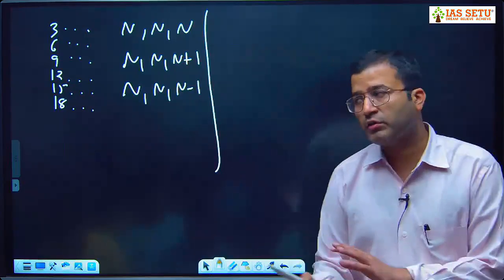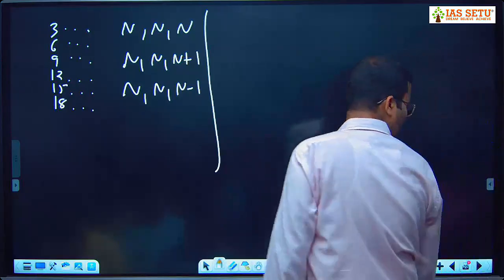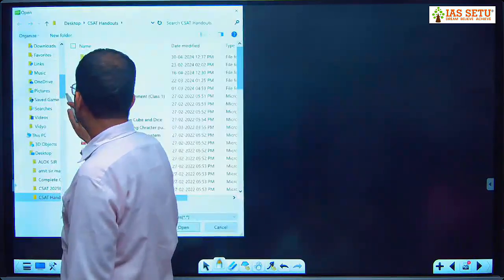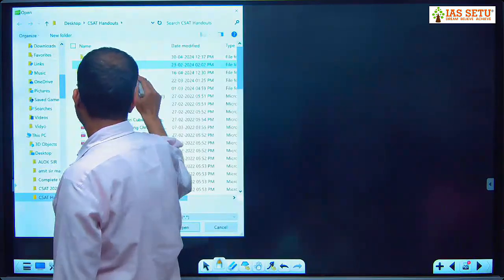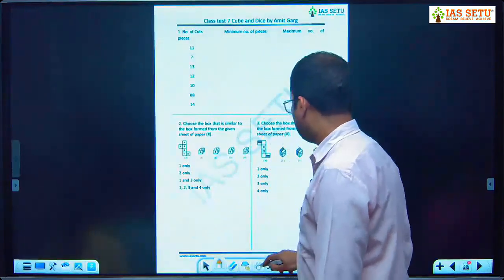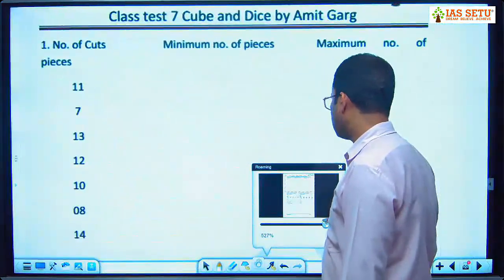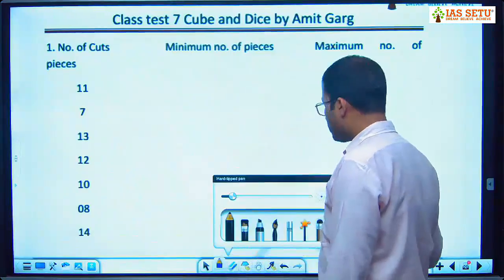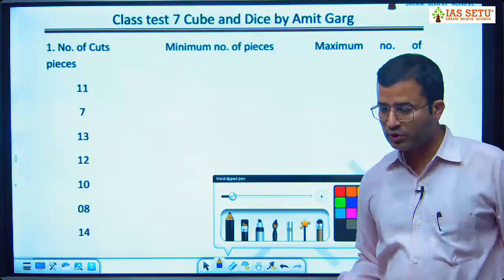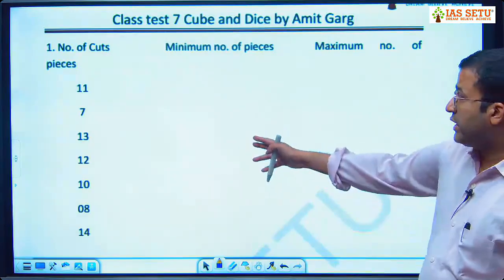Let us, we are not doing test, but test के कुछ क्वेश्चन है वो प्रैक्टिस कर लेते हैं अभी. पीसेस टू कट, अगर कट टू पीसेस हो जाएगा, पीसेस टू कट भी हो जाएगा, कोई इशू नहीं. टेक योर टाइम.